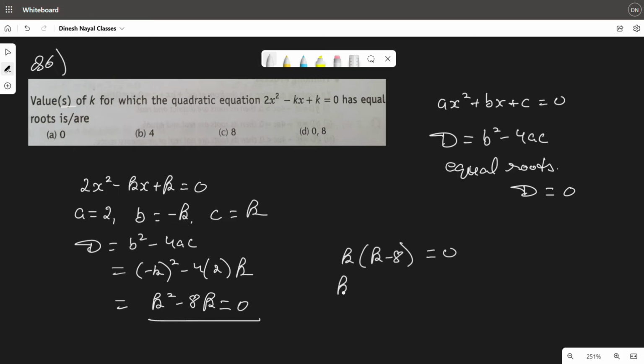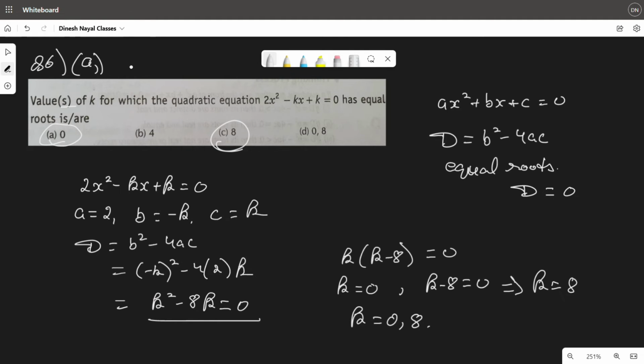This implies k equals 0 or k minus 8 equals 0, that implies k equals 8. That means it has two solutions, k equals 0 and k equals 8. So hence A and C are the correct options. For question number 6, A and C are the correct answer, 0 and 8.